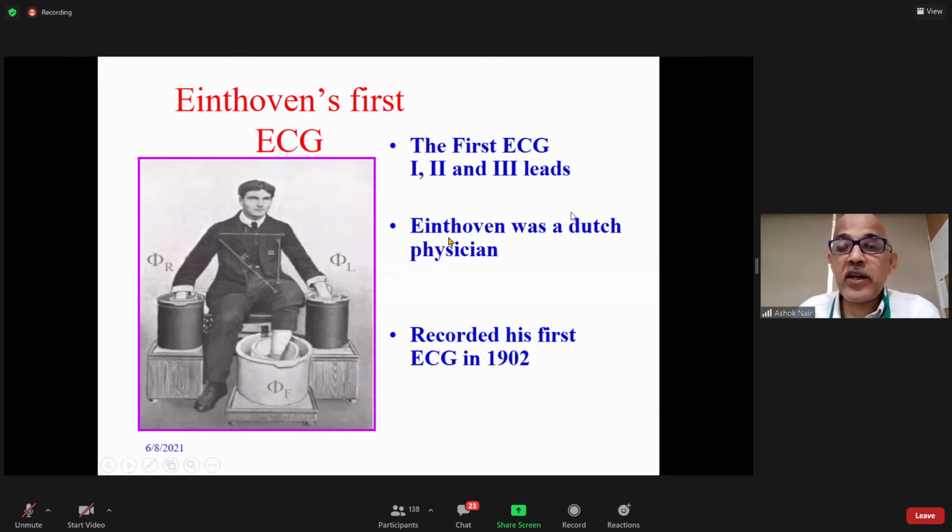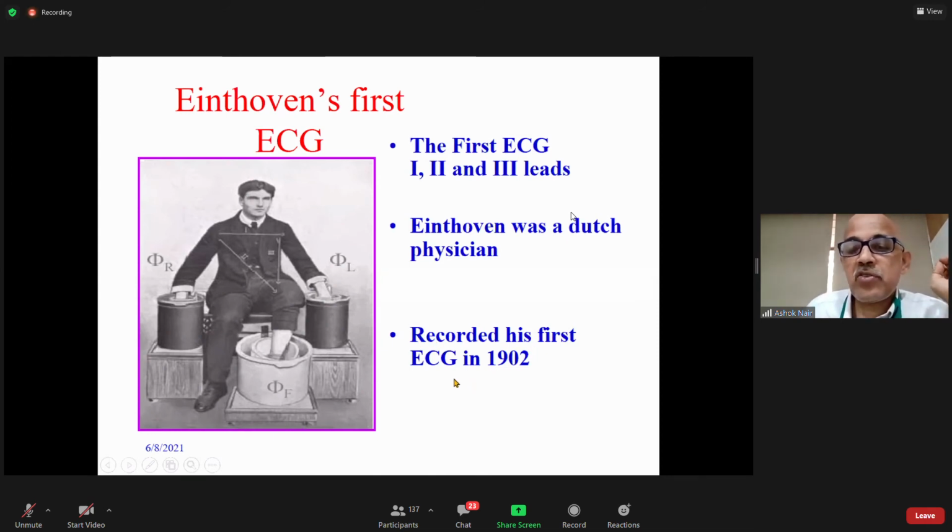He gave a lead system, and we still use the same lead system, the standard limb lead systems: lead 1, lead 2, and lead 3. I'll tell you what they are. Just remember this: the first ECG leads were lead 1, lead 2, lead 3. This is lead 2, this is lead 3, and lead 1. I'll explain to you later.